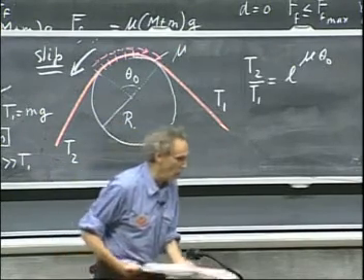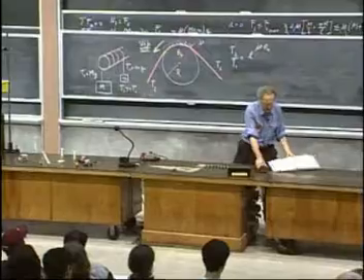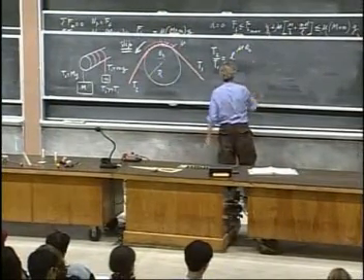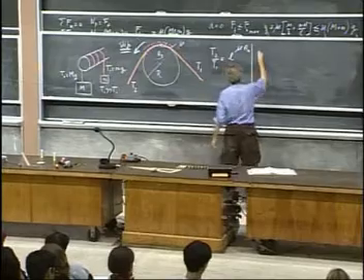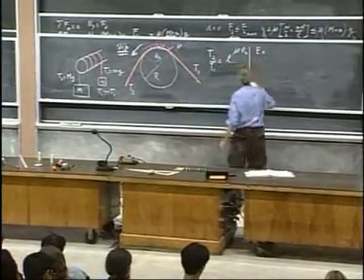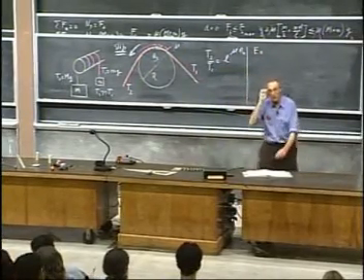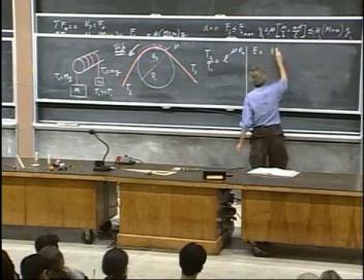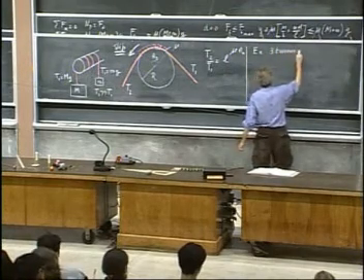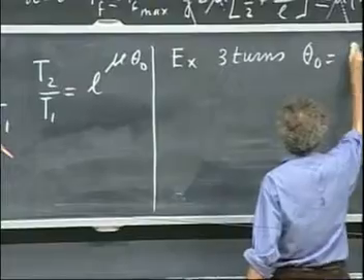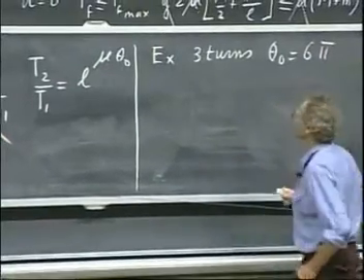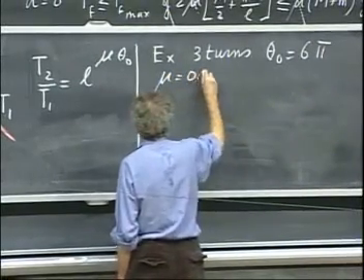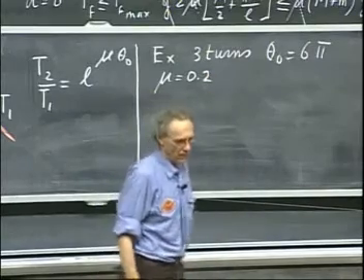And so now let's put in some numbers so that we get an idea of what we gain. Let us take a situation that we take, let's say, 3 turns. We wrap the rope around 3 times. So 3 turns. That means theta 0 equals 6 pi. And let the friction coefficient mu be 1/5, 0.2.